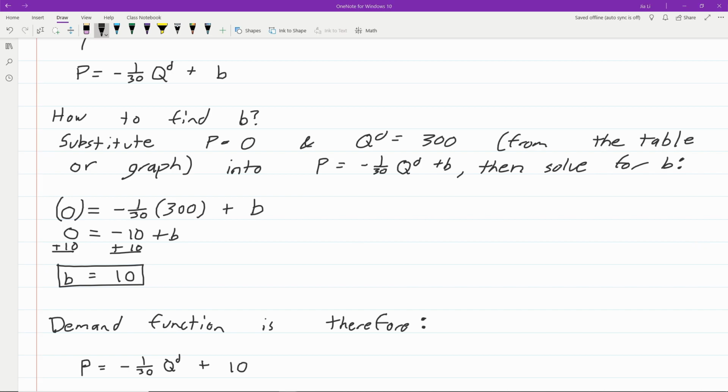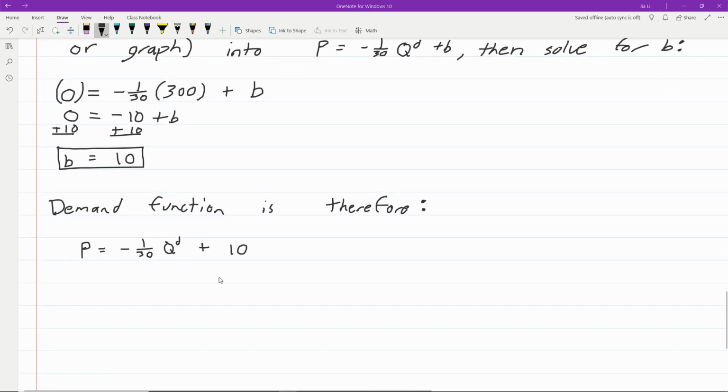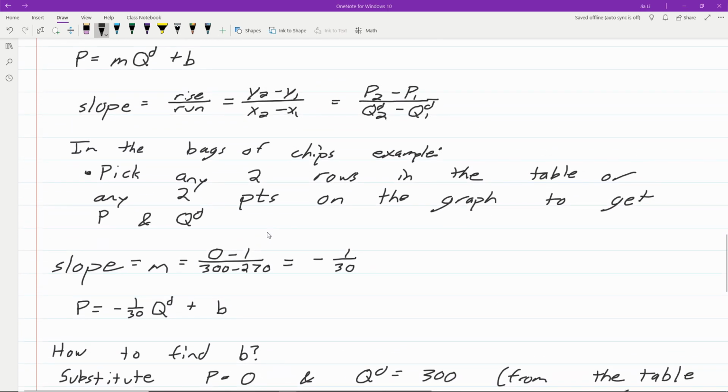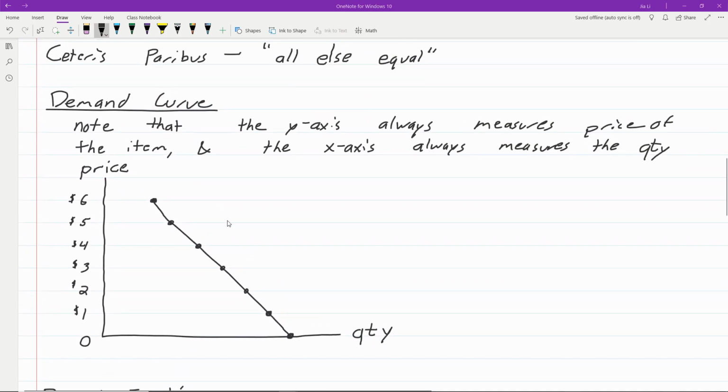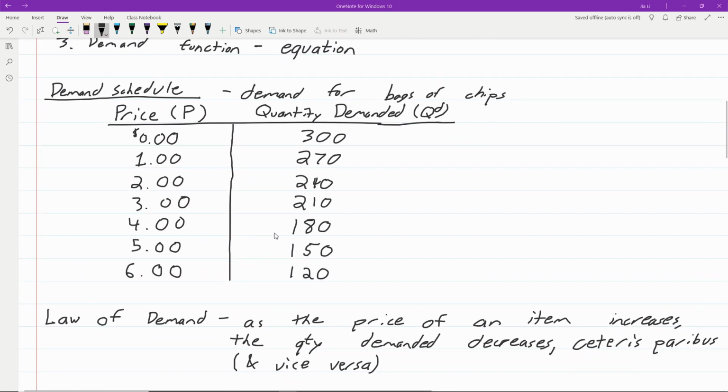Okay, so that's how we can represent demand purely mathematically using an equation. Those are the three ways we can represent demand: an equation, like this, the demand function, a graph, the demand curve, and a table called the demand schedule.